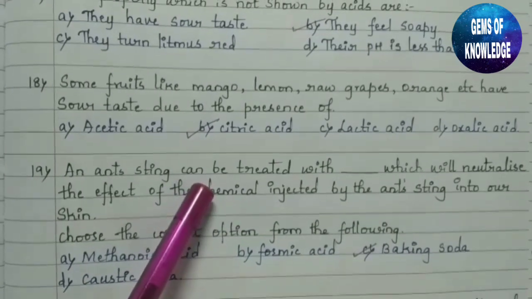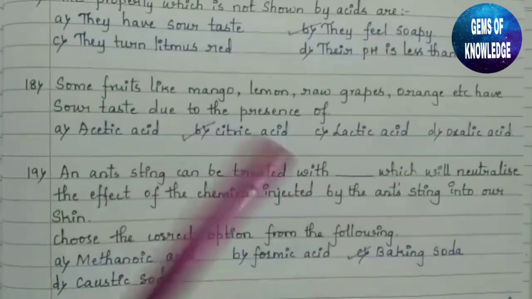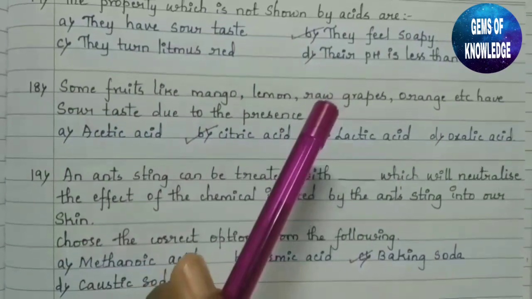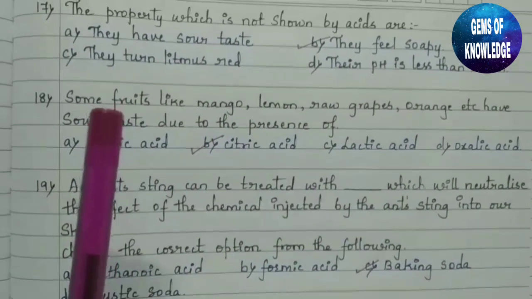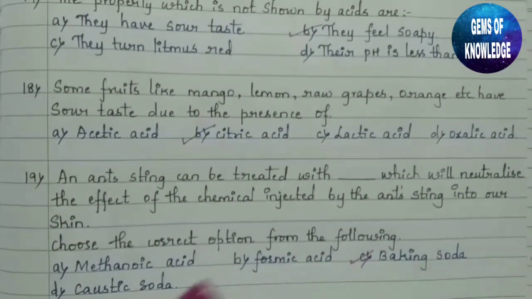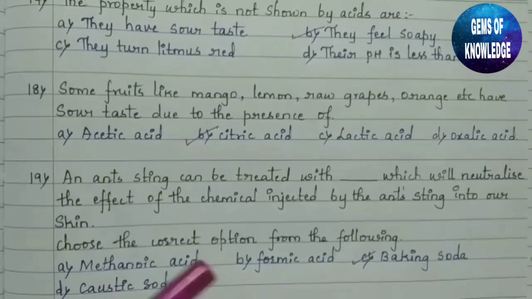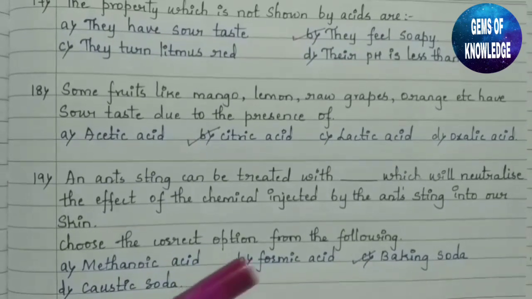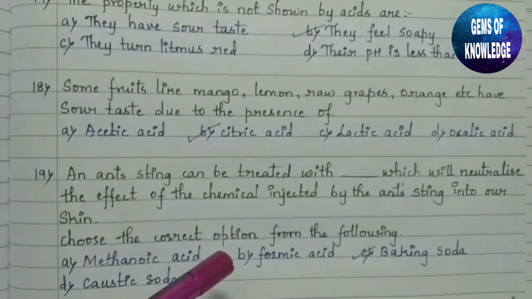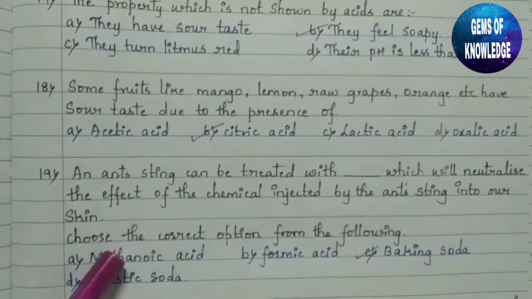When it is acid, we need a base to neutralize it. If we add an acid and a base, then only it will get neutralized. So the base here is baking soda. Caustic soda is used in cement factories or in making paper, so this cannot be used.